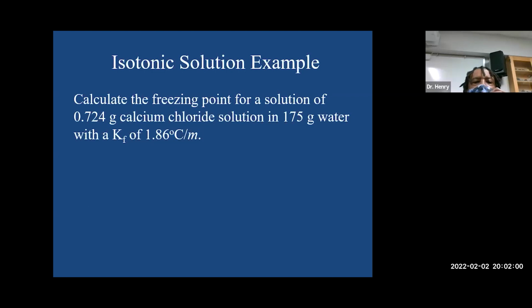Now this i is just going to be the number of ions that you have total. For instance, if we have calcium fluoride, how many ions do we have? What is the chemical formula for calcium fluoride? 3, that's right, because we have 1 calcium and 2 fluorides.